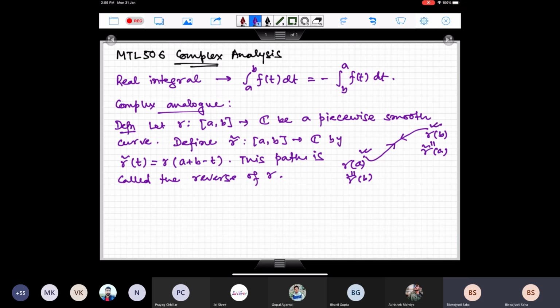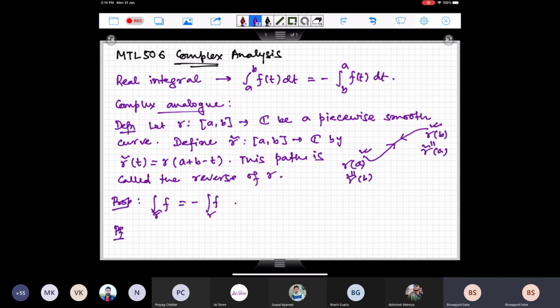The complex analog that we are going to have is that the integral of f over gamma tilde is minus the integral of f over gamma. You are just going to have a minus sign in front, that's all, no other changes.